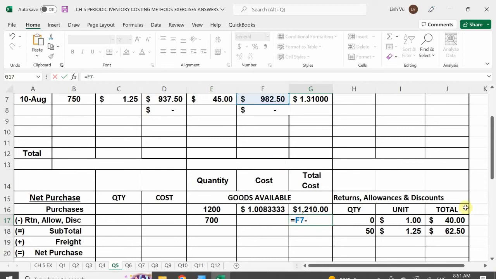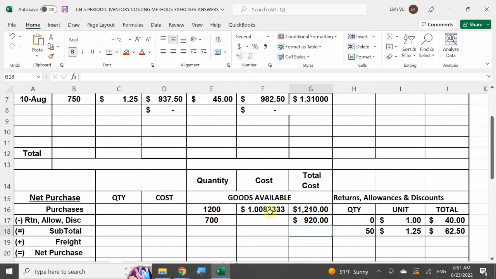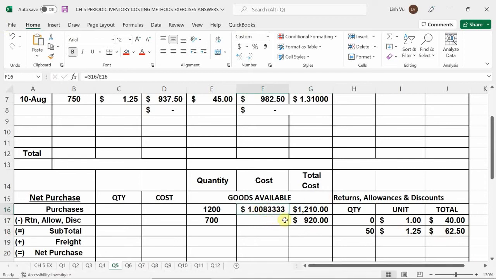How much do I owe now that I got a refund for $62.50? $920. So again, now this time I have a new quantity and a new total cost. So I need to take my 920 and divide it evenly through my 700 units. So in this case, my cost per item will definitely change.